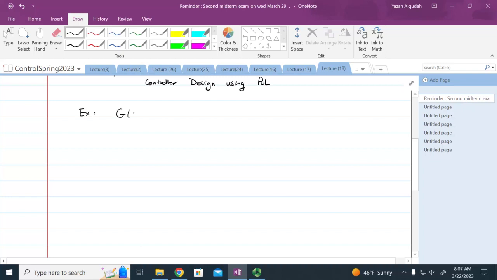So if we are given g of s equal to 1 over s multiplied by s squared plus 5s plus 6, and h of s is equal to 1, we're going to plot the root locus. And if you factor this polynomial, it is s plus 2 multiplied by s plus 3.